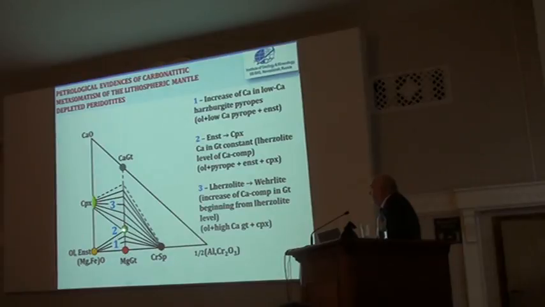They have an increase of calcium in garnet. Garnet transition with CPX. Wehrlitic paragenesis can go up to here, and after that, when we have no capacity of garnet for calcium, we have carbonation of peridotites.